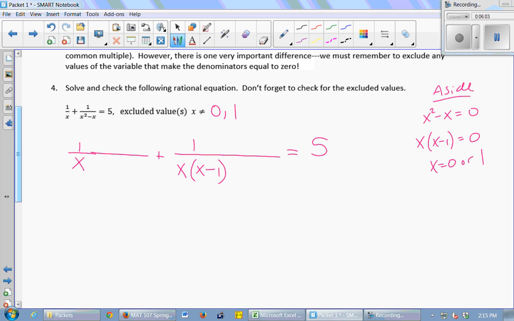The fraction on the left is missing an x minus 1, so I'm going to multiply its denominator by x minus 1. And if you do the denominator, you always also have to do the numerator. And then this is a 5 over 1, and it's missing both an x and an x minus 1.